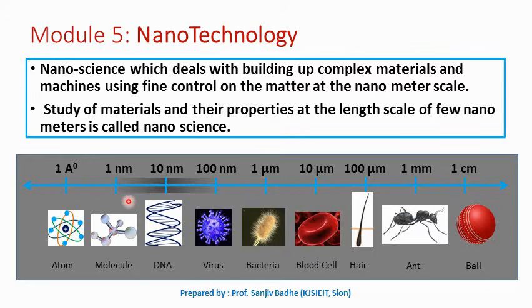So in nanotechnology we will deal with the materials in this size range, 1 nanometer to 100 nanometers. The materials having the size of this order will be studied in nanoscience.